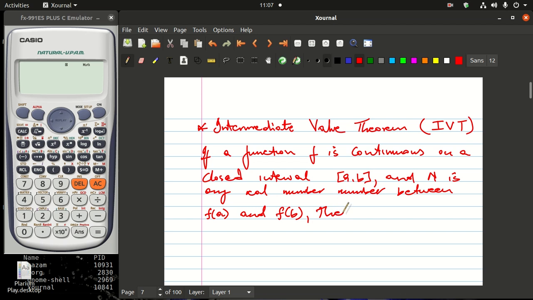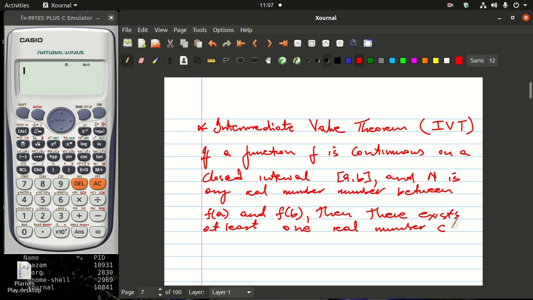Then there exists at least one real number c.